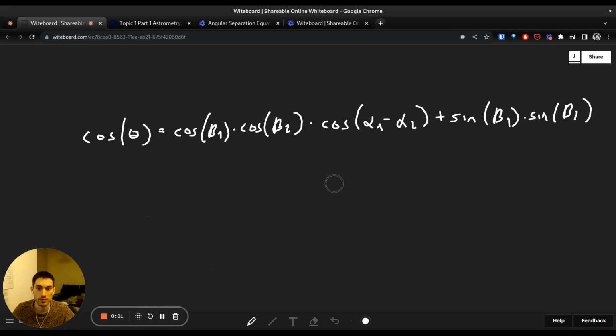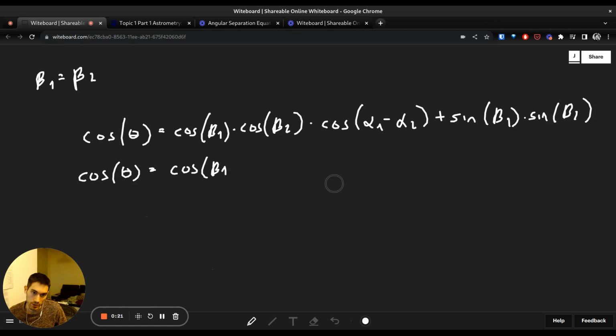Now, the next scenario is the case where beta 1 is equal to beta 2. Actually, let me put it up here. Now we are going to assume beta 1 is equal to beta 2. So this means cosine of theta is equal to cosine of beta 1 squared times cosine of alpha 1 minus alpha 2 plus sine beta 1 squared.